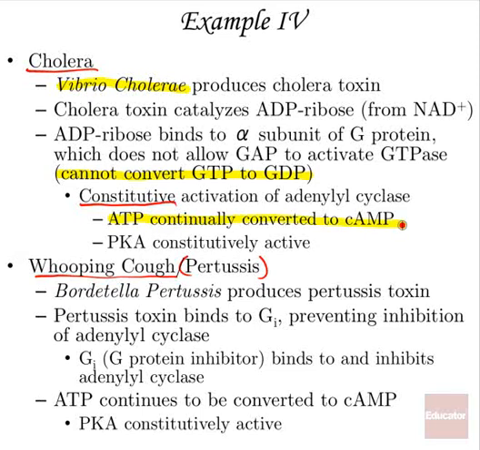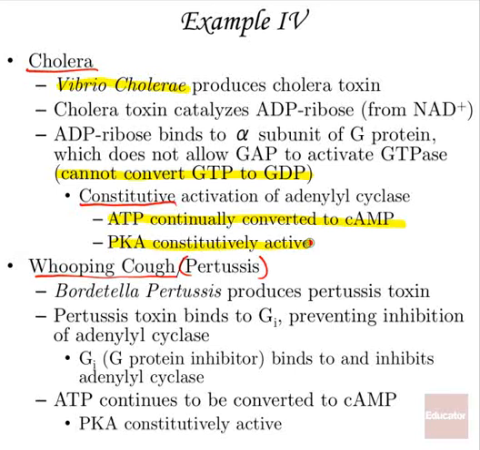And if we have a bunch of cAMP, that's going to keep PKA, protein kinase A, constitutively active, right? And if PKA is always active, it's always going to be phosphorylating things. And in these certain cases, it will phosphorylate certain transcription factors to turn on gene expression and can lead to the types of symptoms from cholera or whooping cough that are common.